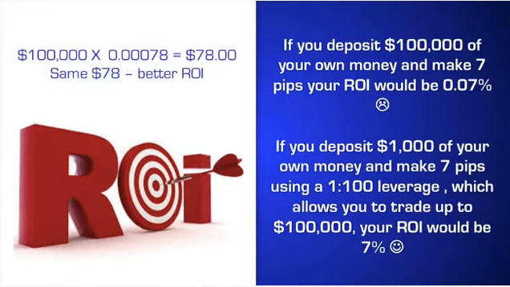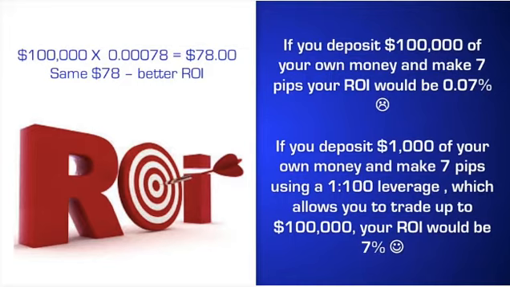So what do I mean by ROI? Return on investment, for those of you who don't know. Let's say you deposit $100,000 of your own money, big baller, and make 7 pips. Your ROI percent would be 0.07%. Not really exciting.